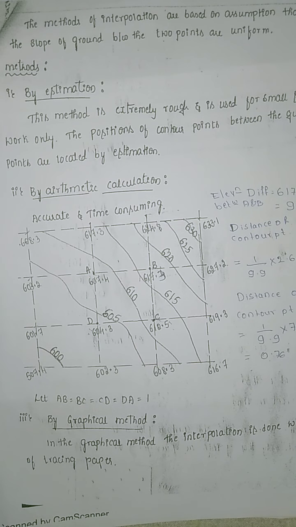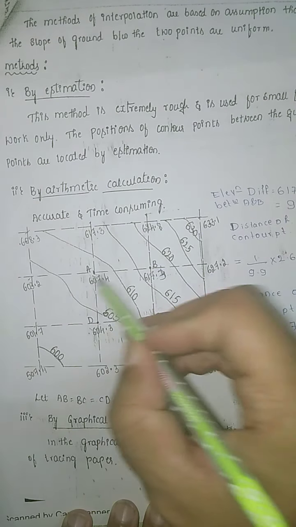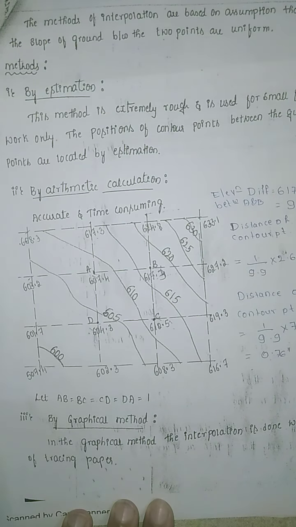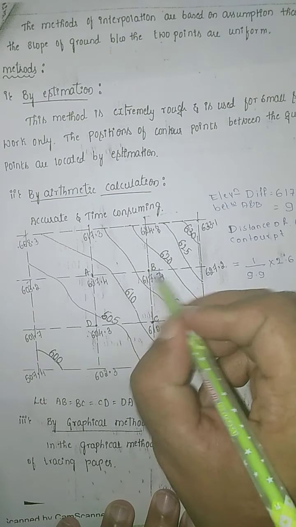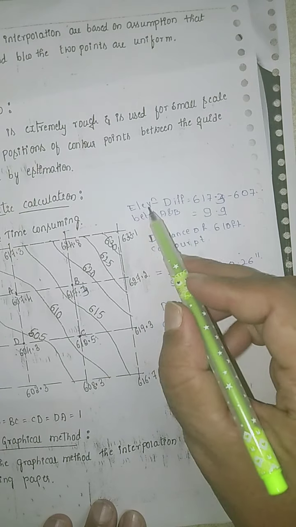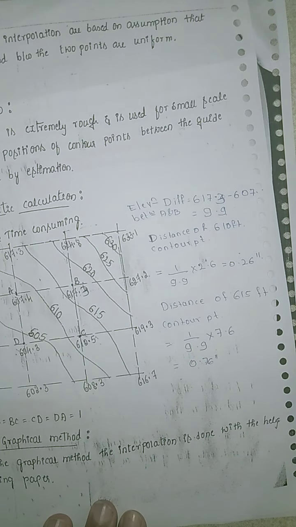Now in this plan, for example, if you want to locate the contour which has 610, you first need to calculate the difference between B and A.